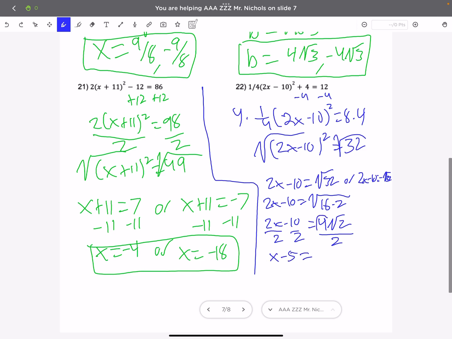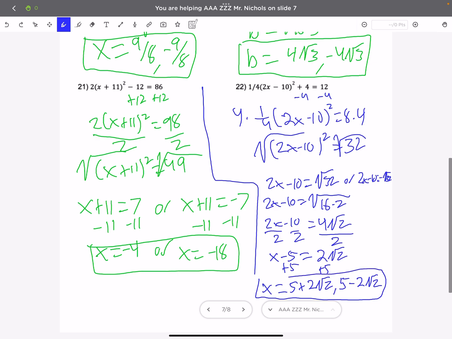Now when we divide, remember, we only divide the coefficient in front. We leave the square root 2. So this just becomes 2 square root 2. Add 5, and I get x is equal to 5 plus 2 root 2. Now we're also going to have the negative, so this is going to also be 5 minus 2 square root 2. And this is our final answer.